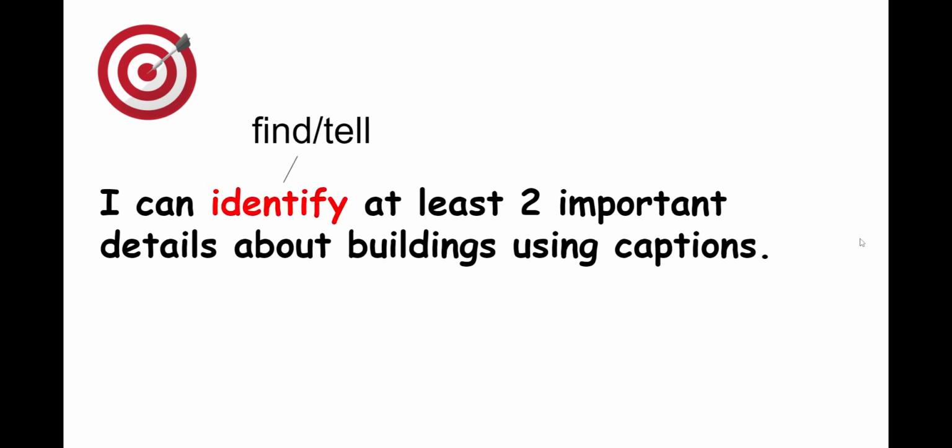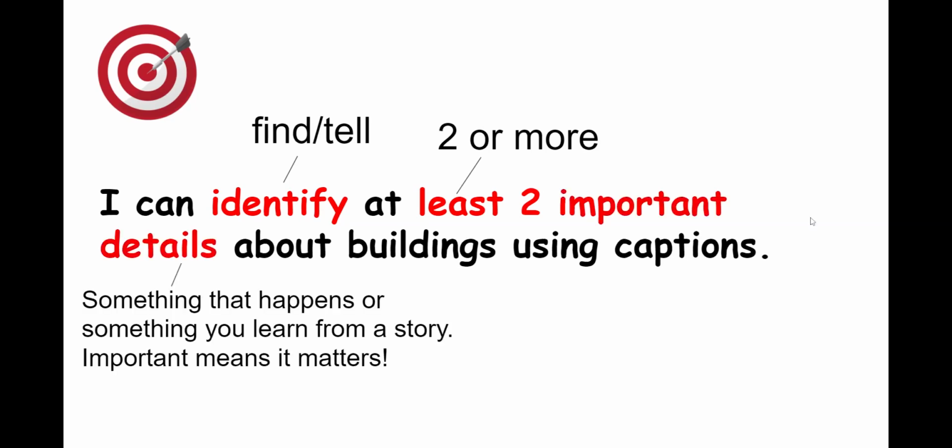The very first thing we should talk about is the word identify. We've used this word quite a few times, and identify just means to find or even to tell. So you're going to find some things. Well, what are we going to find? Let's keep reading. I can identify at least two, that means two or more, important details.